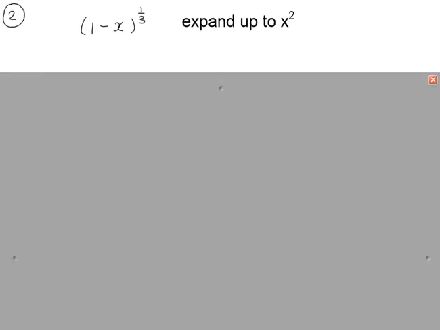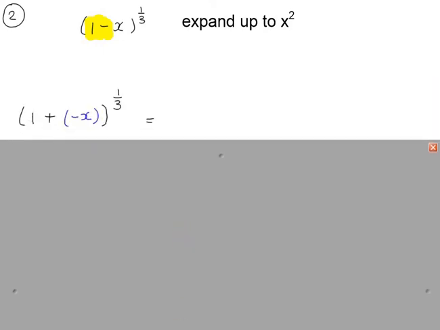Example 2. Now the first issue we've got here is there's a minus there. We need a 1 plus right there to use the formula that we used in the previous example. So that's easily taken care of like this. So we have a 1 plus.